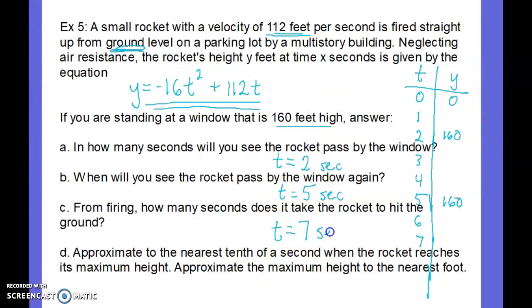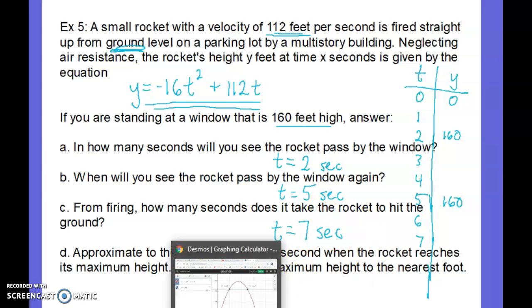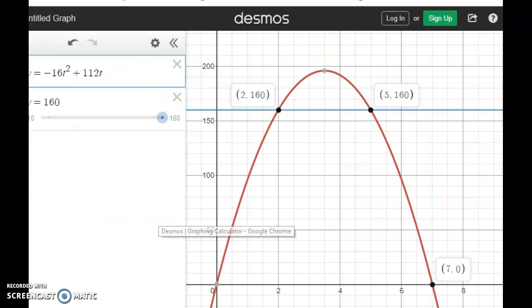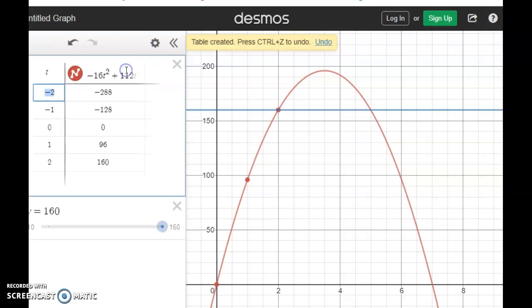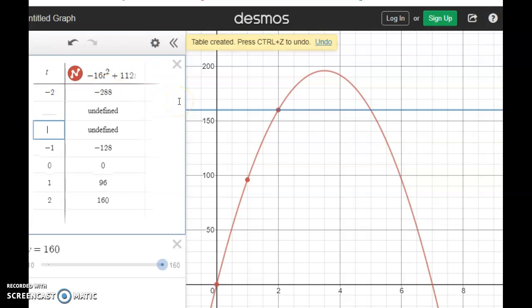Now you might be saying, oh, Mr. Higby, I was thinking of a different way of doing this. I would say, okay, what are you thinking? What if I went back, changed my settings to make it a table, and just started hitting enter? You have to go down here and start hitting enter.